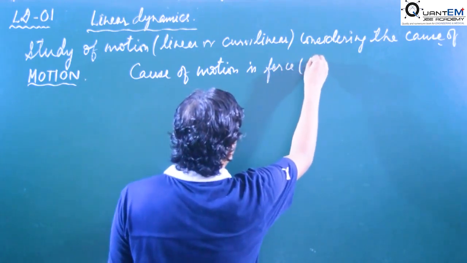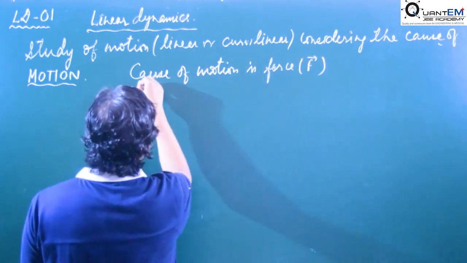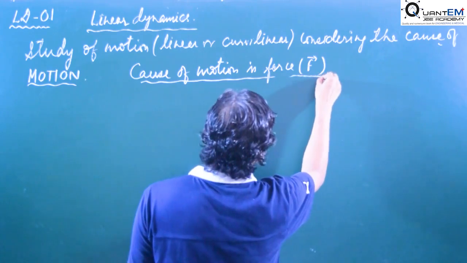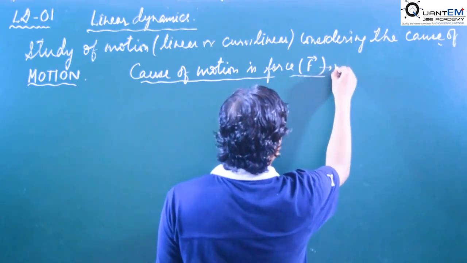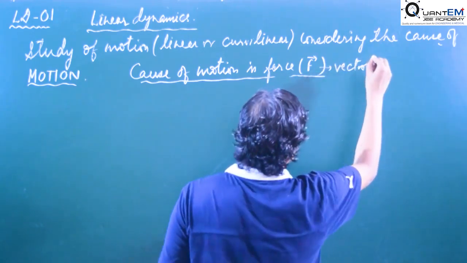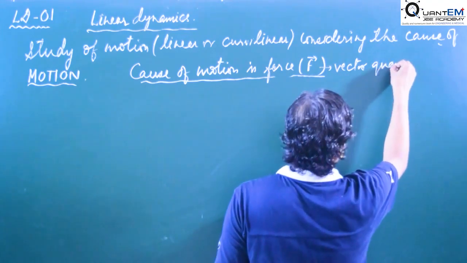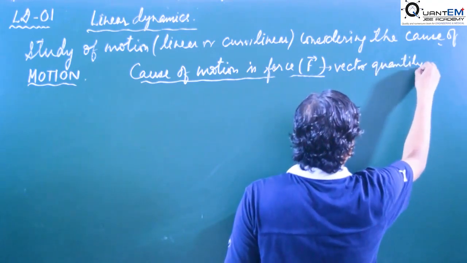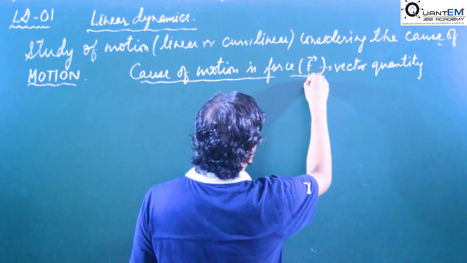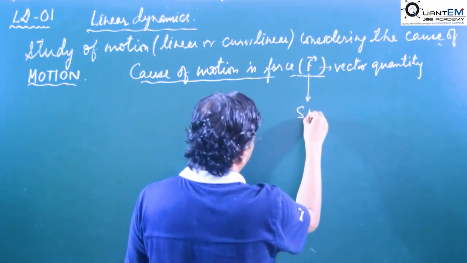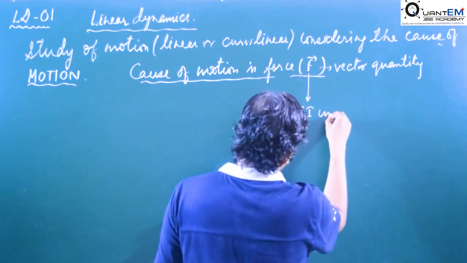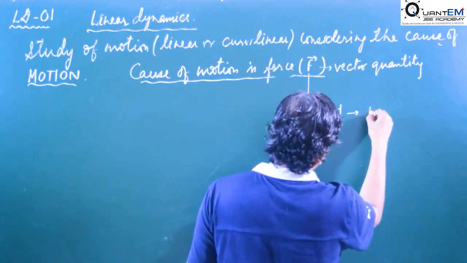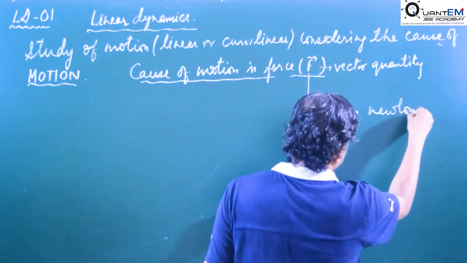force. Force is what? F. The cause of motion is force, and this force is a vector quantity. What is the SI unit of force? The SI unit is Newton.